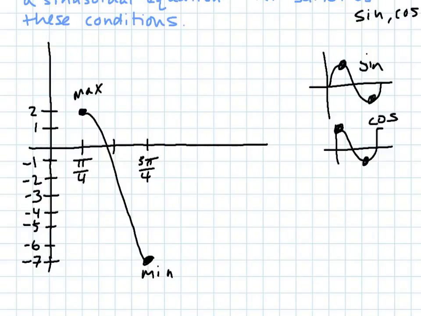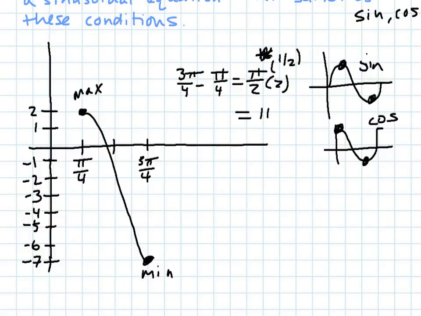The distance between pi over 4 and 3 pi over 4, you can use subtraction to get that, would give you pi over 2. So this is half of it right now. If I multiply this by 2, that gives me a period of pi. So that's my period for this graph.